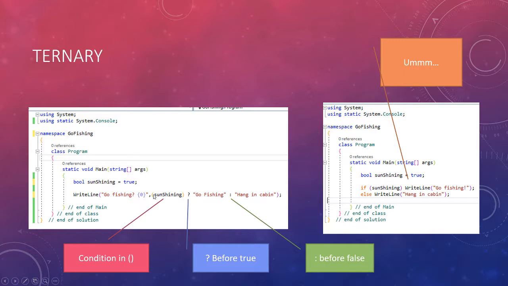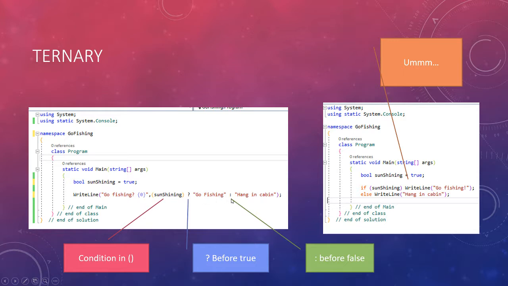So I've got my condition in parentheses. Is the sun shining? Then I have a question mark, which is a special character that's required, and it says what follows is what should happen if the condition is true. So if the condition is true, I want to replace this parameter with the value go fishing.